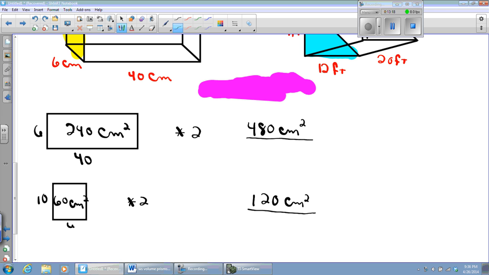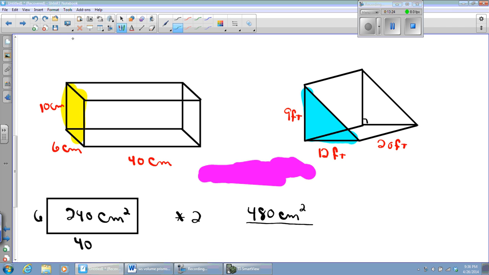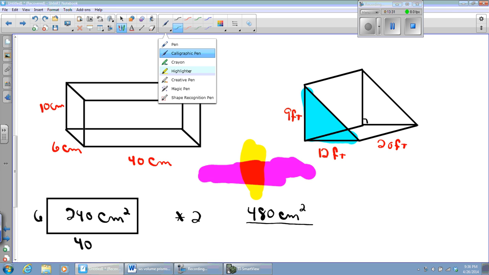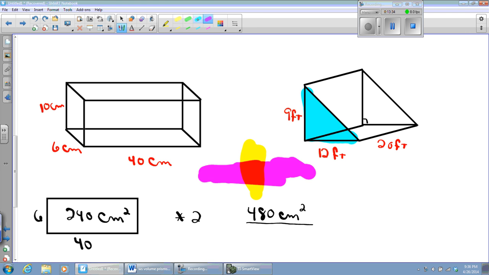All right, and I'm underlining those for a reason. Finally, there's the front and the back of the box, which I haven't accounted for yet. Let me move my highlighting out of the way and get another highlighter out here. So this rectangle, which appears to be the front of the box, looks like it's going to be 10 by 40. And of course, it would be the same back here.